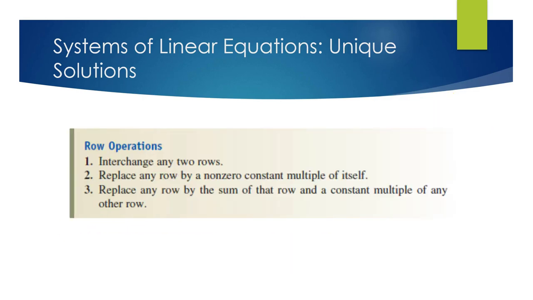But the thing is, you have these row operations to do it, which look a lot like the elimination rules. I can interchange any two rows, because that's the same thing as interchanging two different equations. I can replace any row by a non-zero constant multiple of itself. So I can multiply any row by a constant. And I can also replace any row by the sum of that row and a constant multiple of any other row.